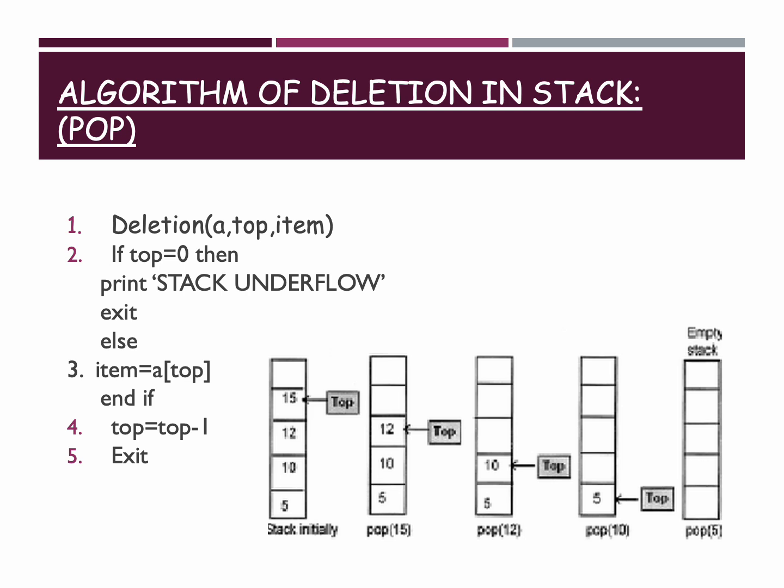So the diagram shows how the stack evolves as multiple pop operations are performed. Now initially we have the stack elements 5, 10, 12, 15 with 15 at the top. Then after the first pop, it removes 15. Then the new top is 12.